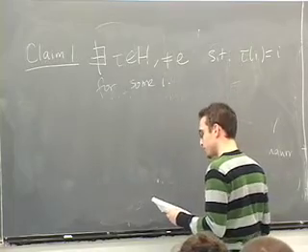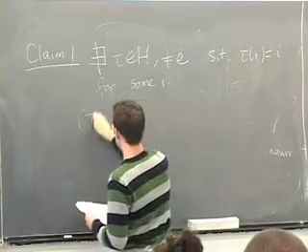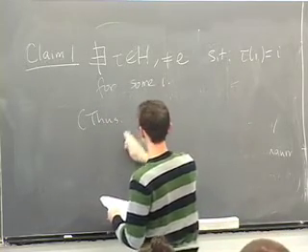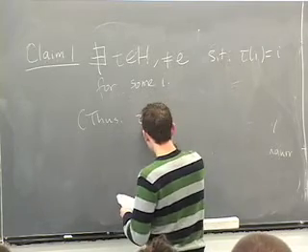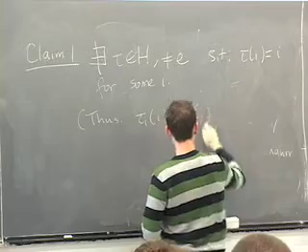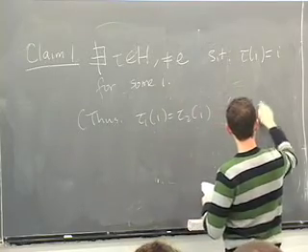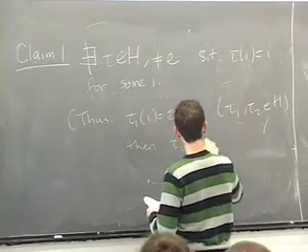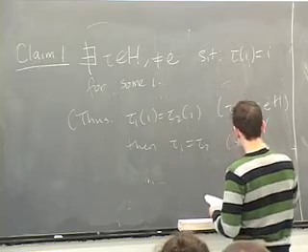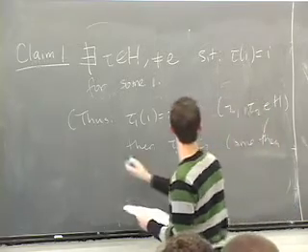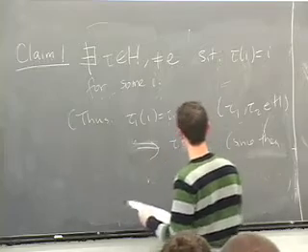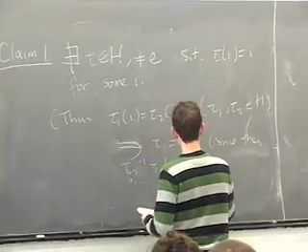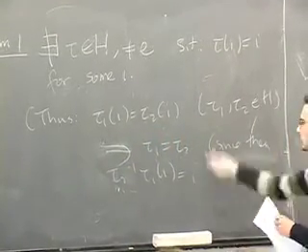The way that you actually end up using this, to make the connection clearer for the next claims, is this: if I know that tau_1(i) equals tau_2(i), tau_1 and tau_2 being in H, then I know that, in fact, tau_1 equals tau_2, since then tau_2 inverse tau_1 of i equals i. So this thing must be the identity. So tau_1 must equal tau_2.